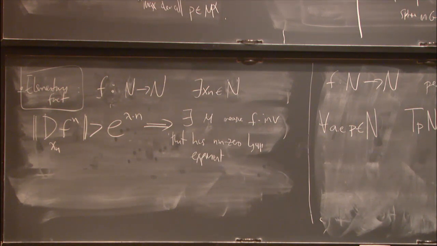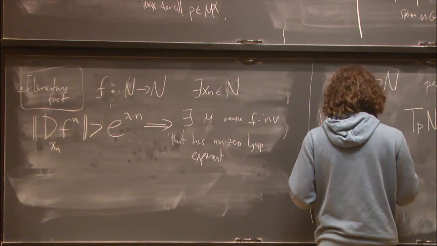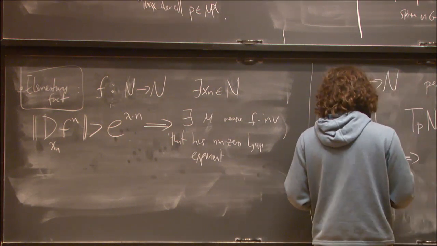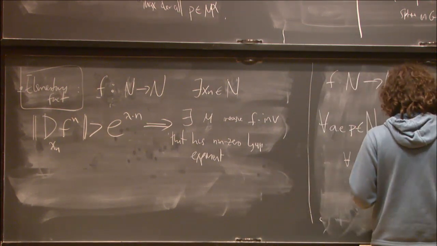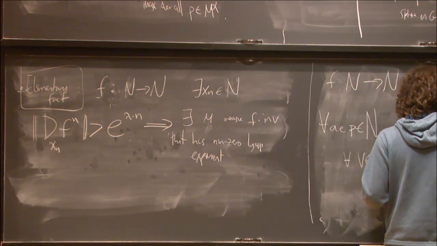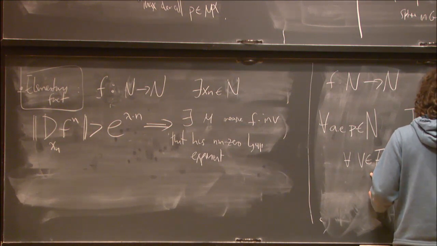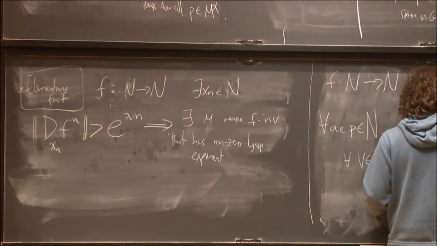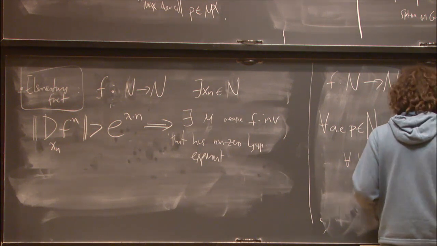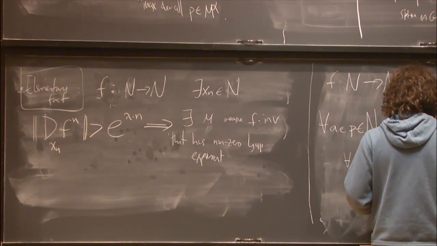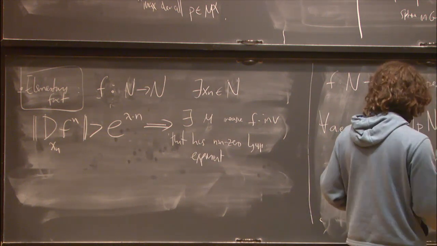These are called the Lyapunov exponents. And then if you take some vector here, for all v in Vi, then this vector is going to grow with exactly the speed lambda i exponentially.